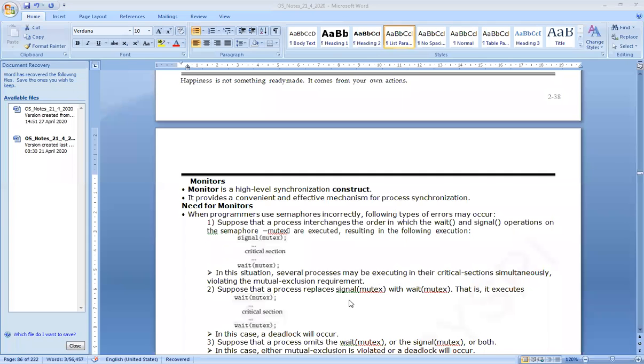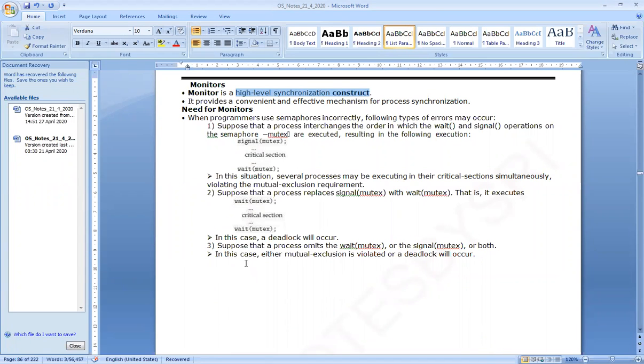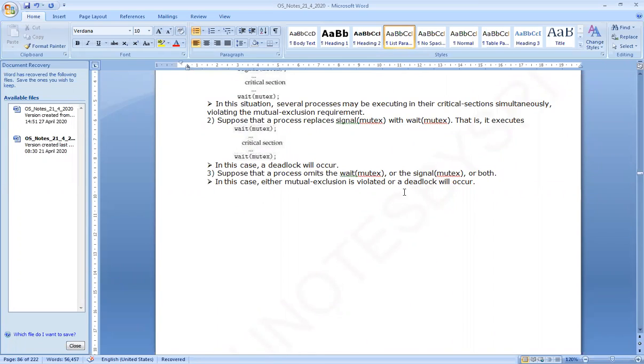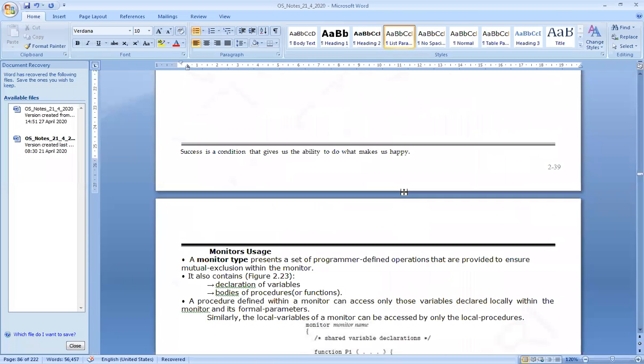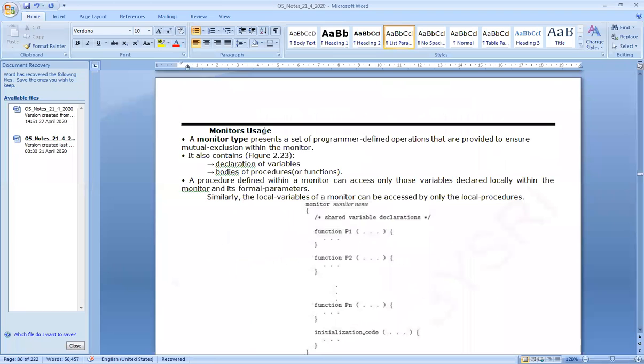All these problems can be solved with the very efficient high level synchronization construct called monitors. We'll see monitors in detail, and the monitors usage, in the next class.